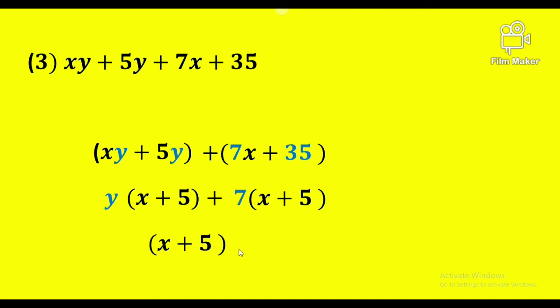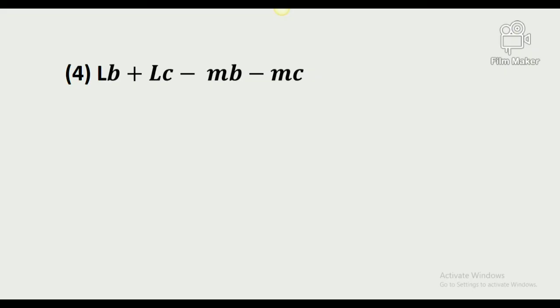Exercise 4. Shada, can you tell me what is the common factor here? I know it's very easy. L is a common factor. But here, what is the common factor, Shada? The common factor is M? No. Yes, of course. Excellent.